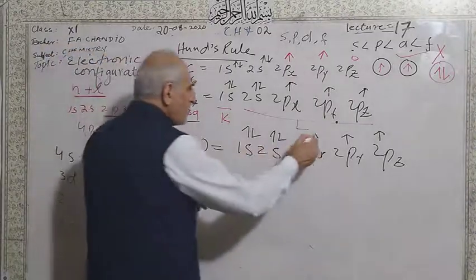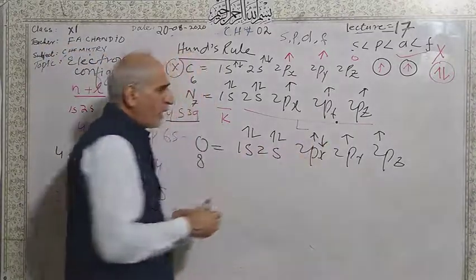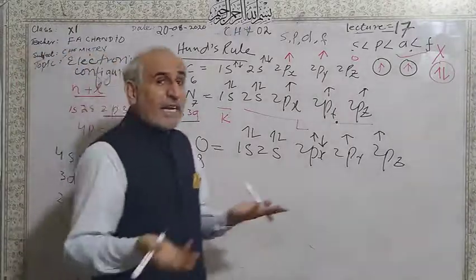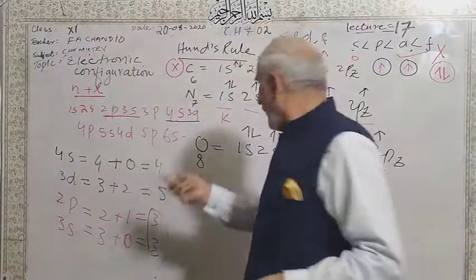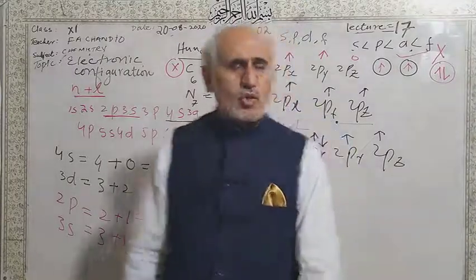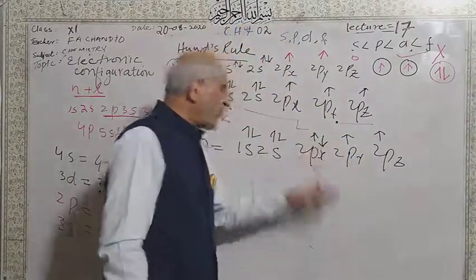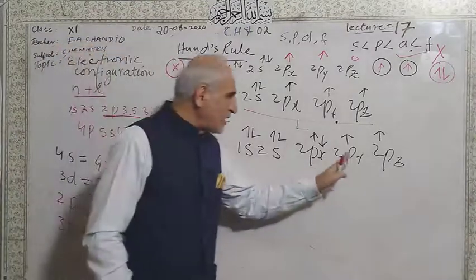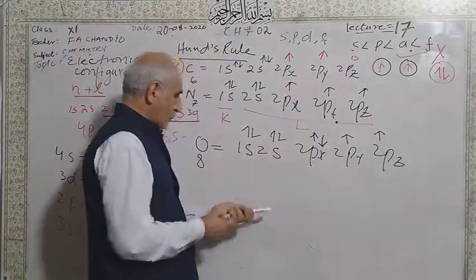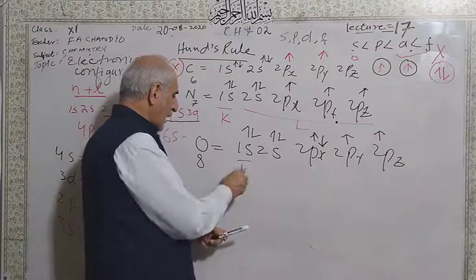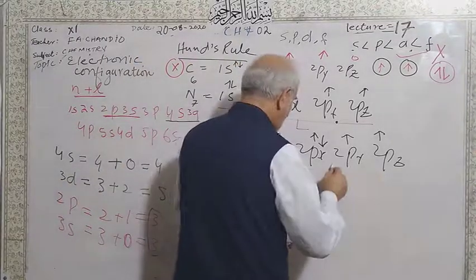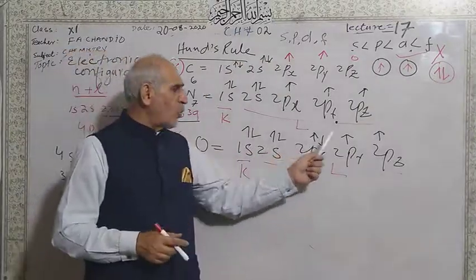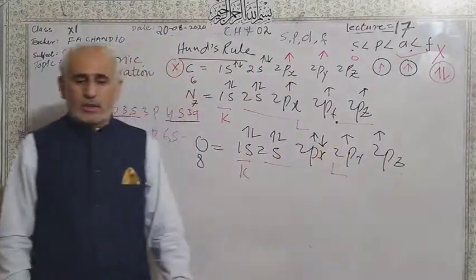It's okay, you have to put this one in, because you have 1 more electron according to atomic number 8. So you must put the 1 electron with a different spin, downward, in x. So students, this is the shell K, this is the shell L. 2 plus 2, 4 plus 5 plus 1, 6.